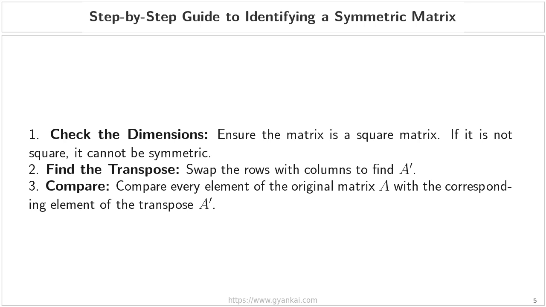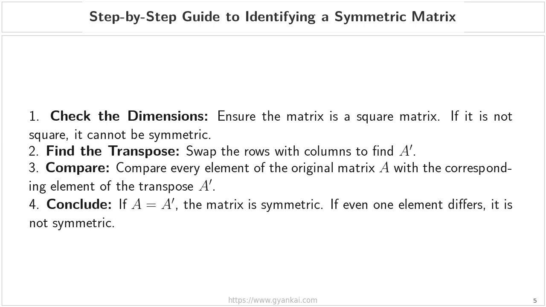Third, we perform a comparison. You will take the original matrix, A, and compare every single element with the corresponding element in the transpose, A prime. This is essentially checking if the element in the ith row and jth column is identical to the element in the jth row and ith column, as we discussed in the element-wise condition. Finally, we can draw our conclusion.